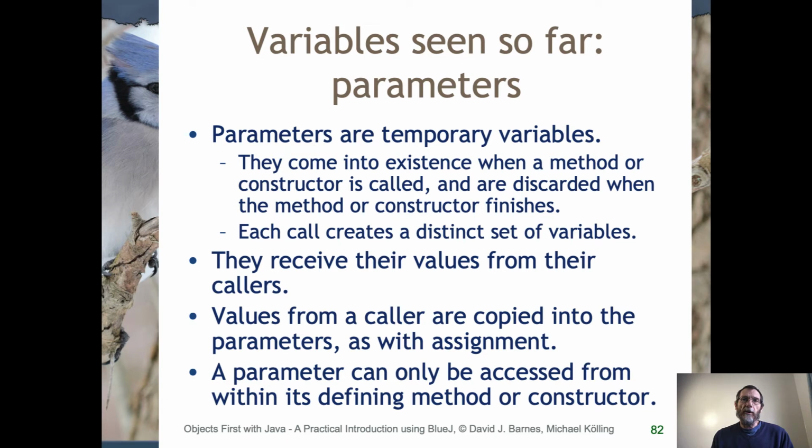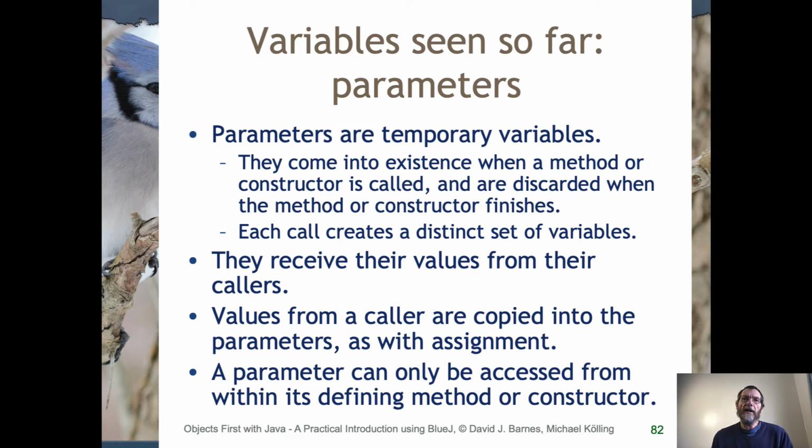Another sort of variable that we've seen so far is parameter variables. And parameter variables are temporary variables. Unlike instance variables, parameter variables only come into existence at the point at which a constructor is called or a method that defines those parameters is called.